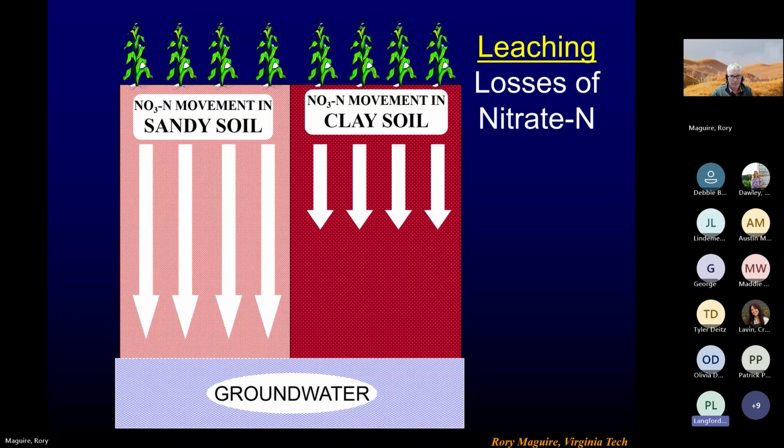It's got these larger grains, so there's more space in between the grains, causing the nitrate to flow with the water all the way down into the groundwater, whereas clay has much better water holding capacities. It's able to slow down that movement of nitrate. Next slide, please.